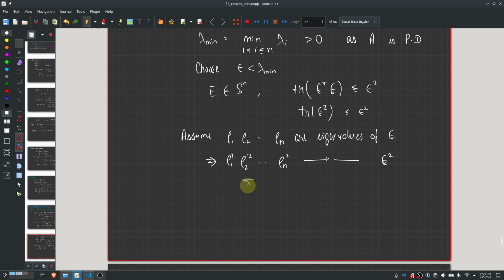So effectively what I have is the summation i equal to 1 to n of rho i square is less than or equal to epsilon square. So I can say that any rho i should be less than or equal to epsilon in absolute value.